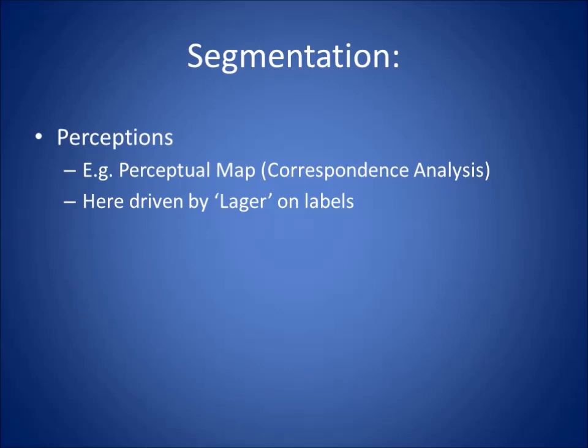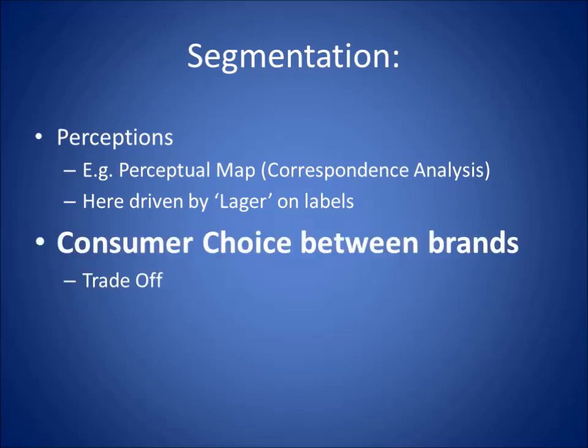And then I differentiated two brands very strongly on the user image. I would guess that is still a valid perceptual segmentation. However, when it comes down to consumer choice, it is not what is happening out there. There's different segmentation as far as consumer choices are concerned.